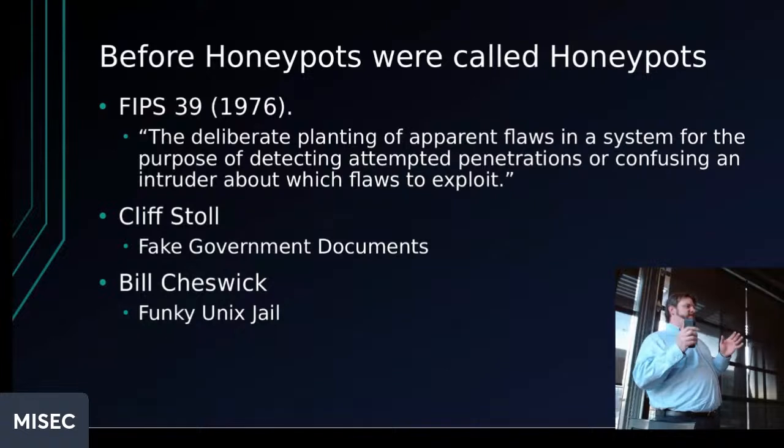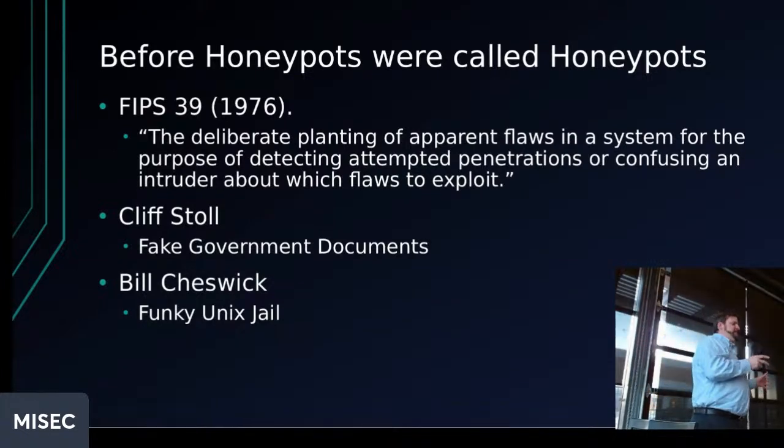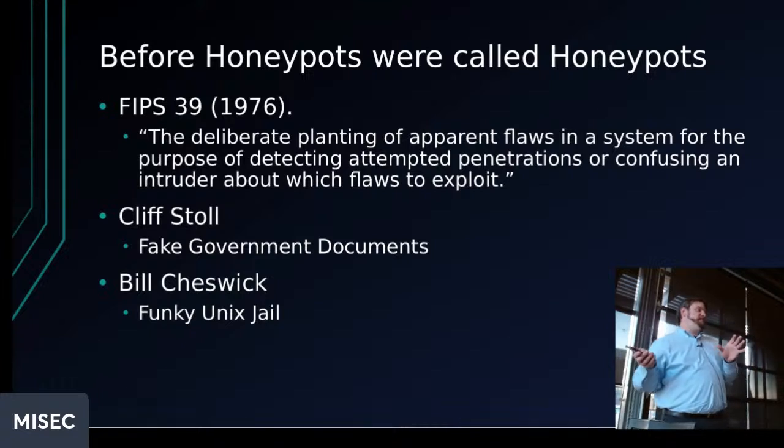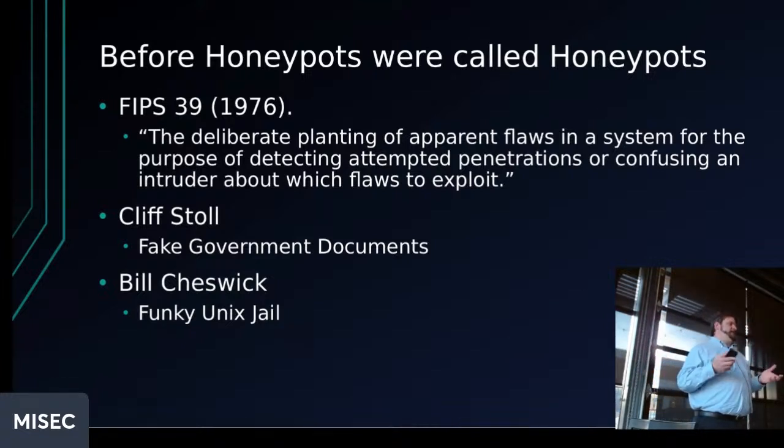Right? So the federal government came out in 76, before the term honeypot was ever coined, and said, this is what we mean by entrapment, you can kind of do it, this is the definition of it. But you should still be able to argue they were on our network to begin with. We gave them something to distract them long enough to actually say, this isn't what we're looking for.